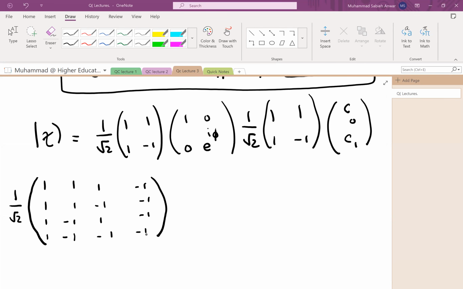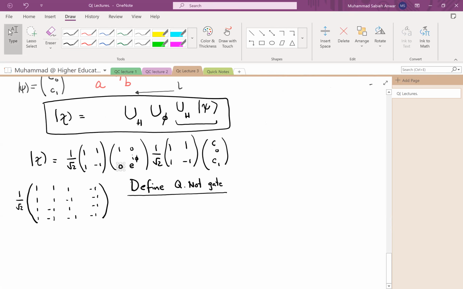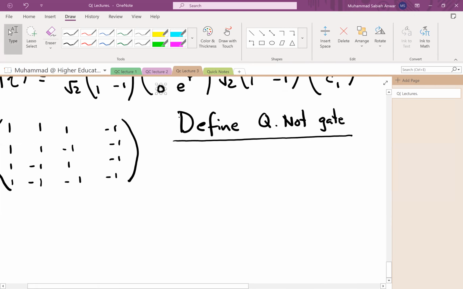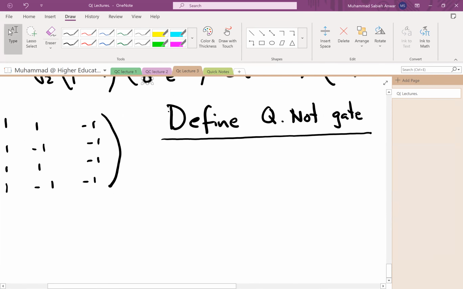So we can have different kinds of quantum gates. Let me give you another example of a gate. Suppose I define a quantum gate and I call it a quantum Naught gate. By the way, the example of a Hadamard, the beam splitter, is really important.